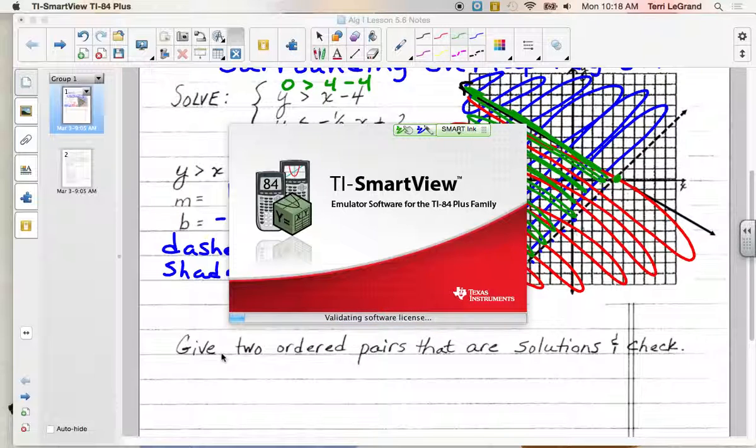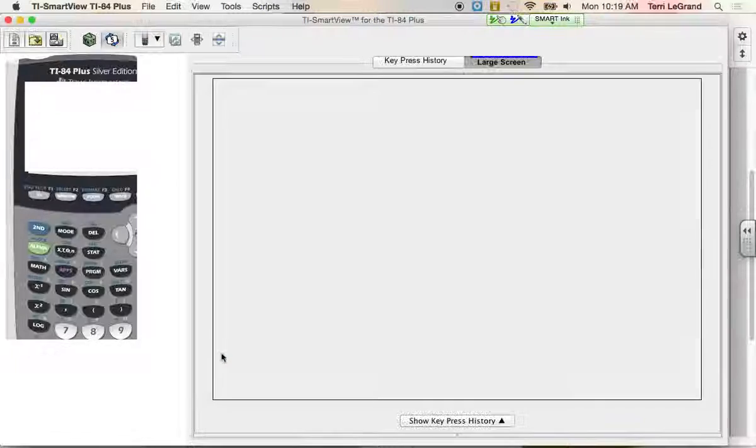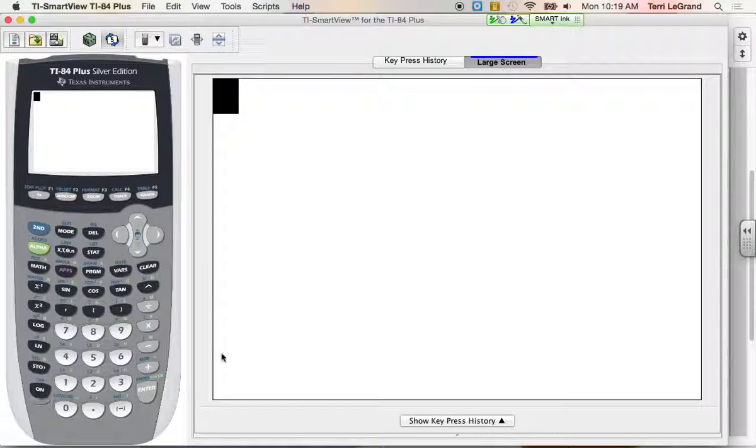Now remember, the graphing calculator cannot worry about the dashed and solid lines, but it can take care of making the boundary line for us, and that's what it's doing right now. By putting in the symbol that is greater than over in the left-hand column, you're taking care of the shading part. Okay, so you have that one in.